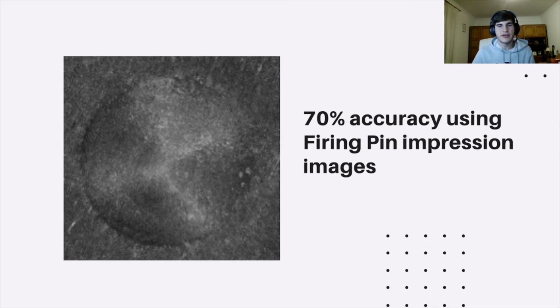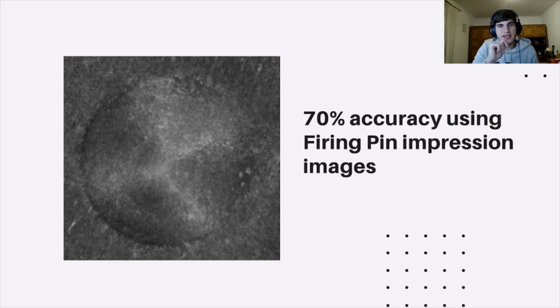But then we tried using the firing pin impression, and that yielded a 70% accuracy result, which shows that this feature is a promising feature to feed into a network.